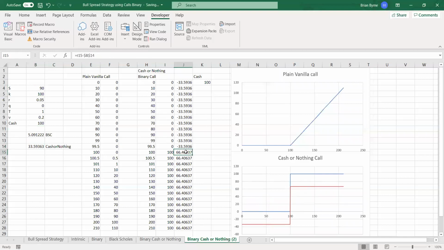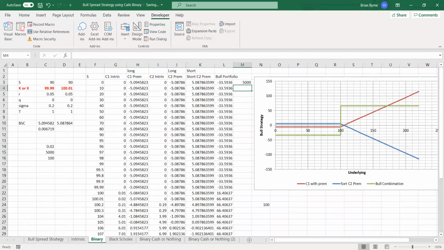We would get a payoff of 64.40. So basically a payoff of 100, that's the cash amount, and then when we subtract the cost of the premium, 33.59, that would leave us with 64.40 for the cash or nothing option.